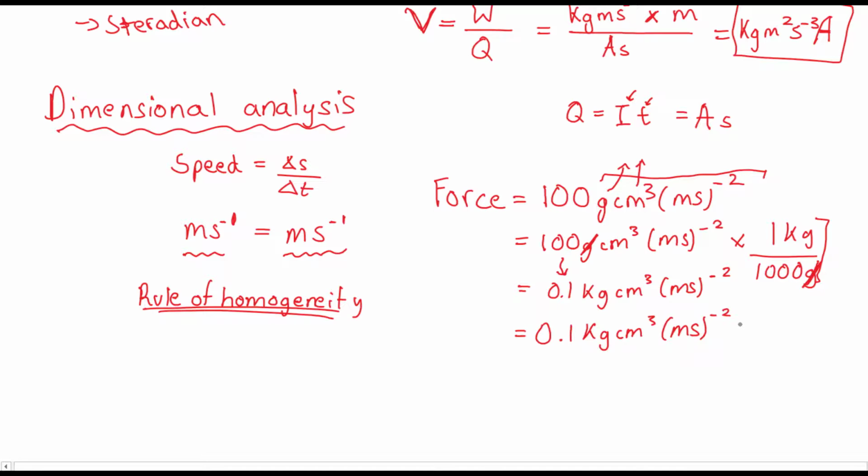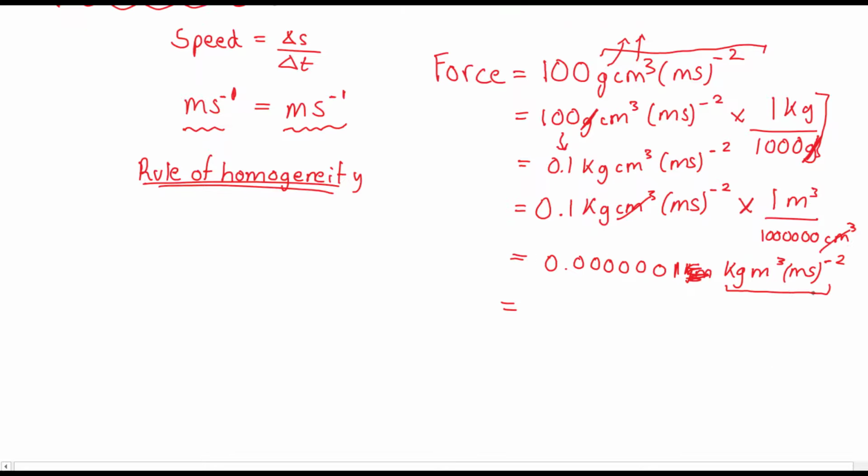So we can now multiply by 1 meter cube upon 100 into 100 into 100 centimeter cubes, as there are that many in a meter cube. So that becomes, now from here, if I distribute the -2 over meter and second, we get meter cube into meter raised to power -2 into second raised to power -2.